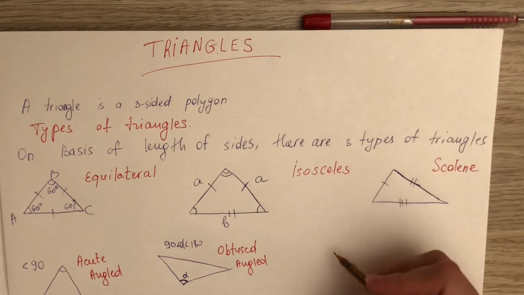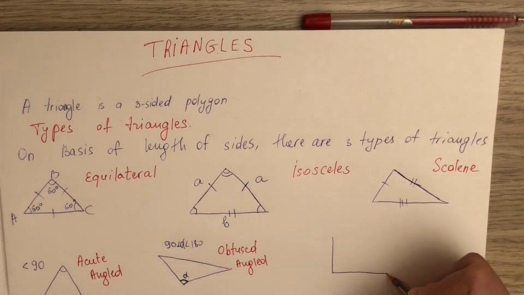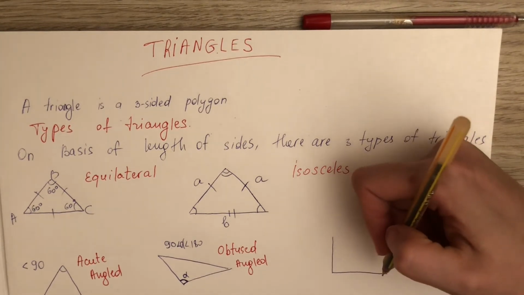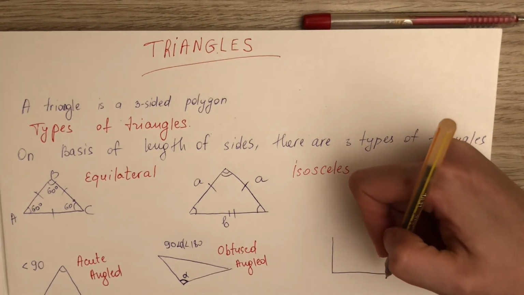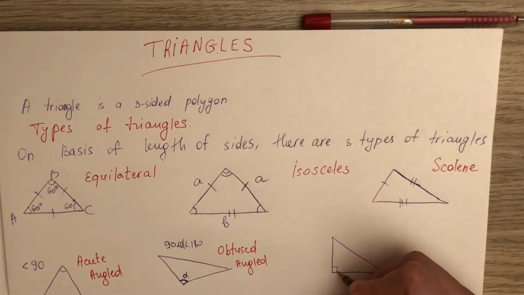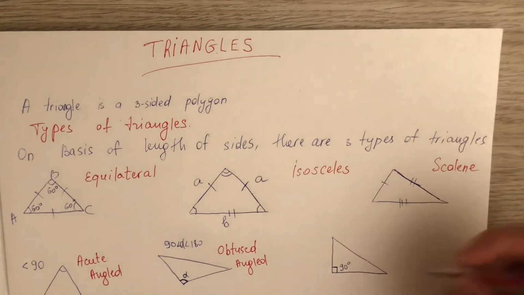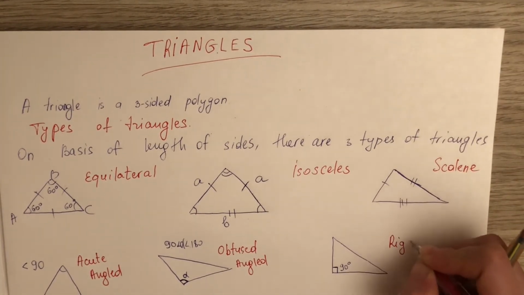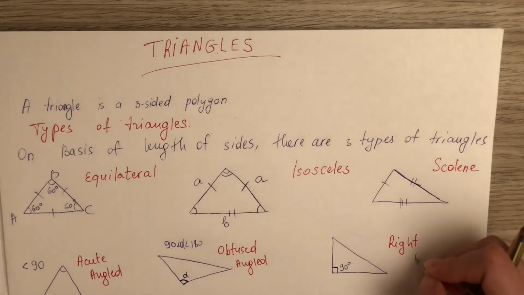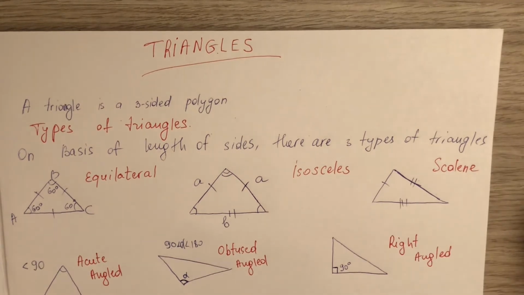What is a right angle triangle? Triangles whose one angle is right, this is a right angle, it means this is 90 degrees, so this is called right angle triangle.